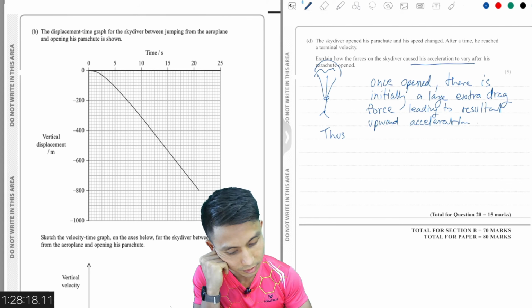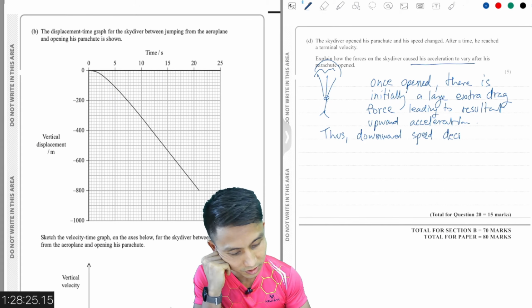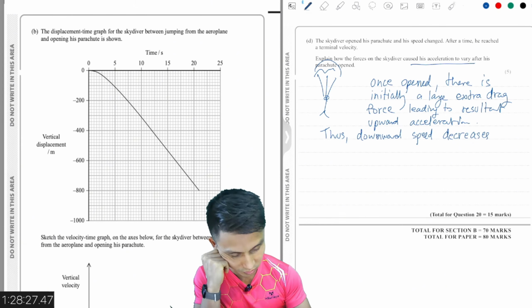Thus, downward speed decreases because you are accelerating upwards, right? But you're going down.